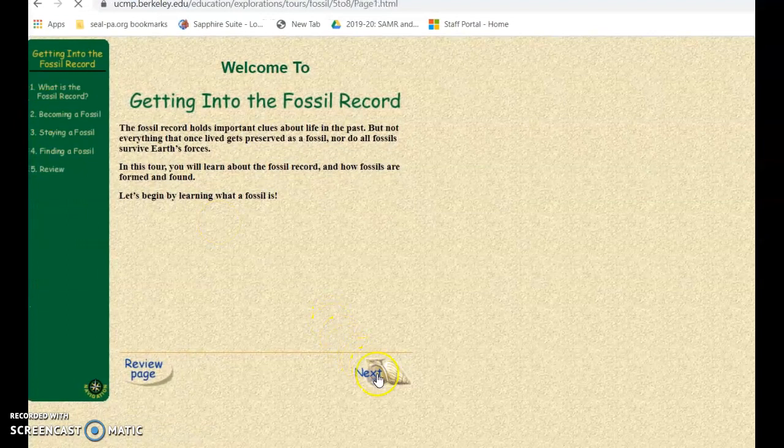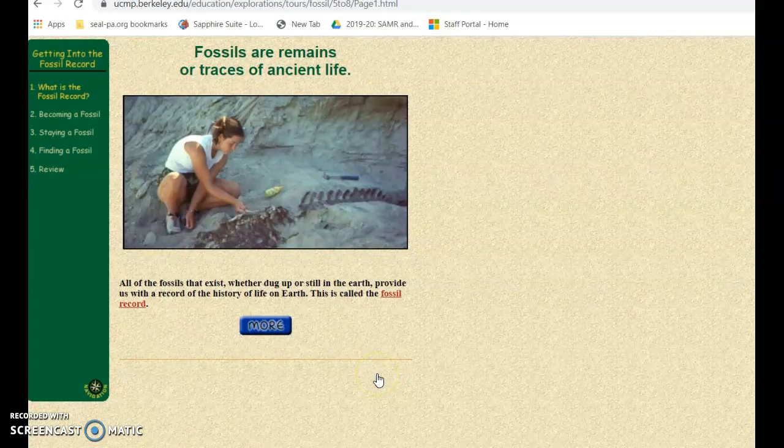I'm going to click Next. Fossils are remains or traces of ancient life. All of the fossils that exist, whether dug up or still in the earth, provide us with a record of the history of life on Earth. This is called the fossil record. Paleontologists are scientists who use fossils to study life in the past.